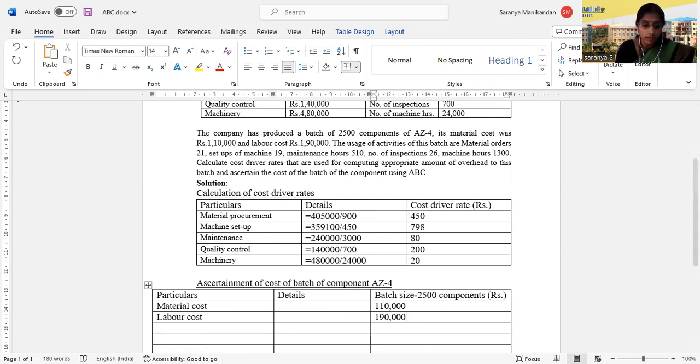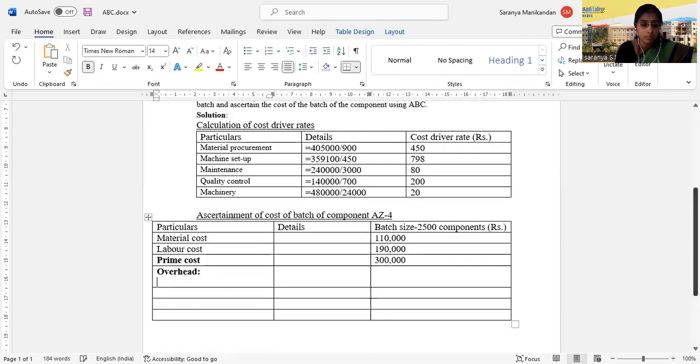So 1,10,000 plus 1,90,000 is 3 lakh, and this will be called prime cost.